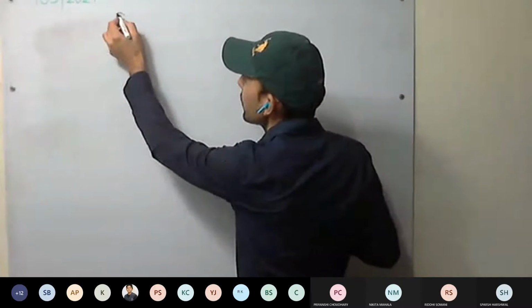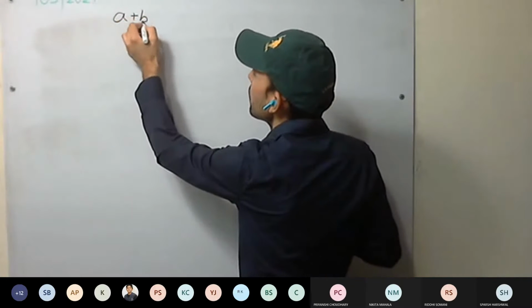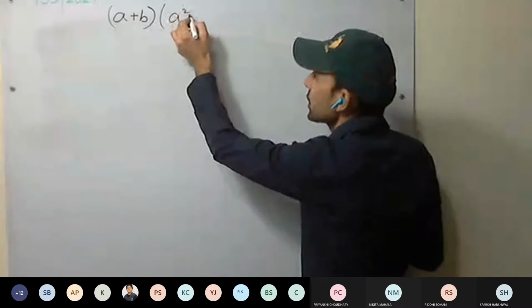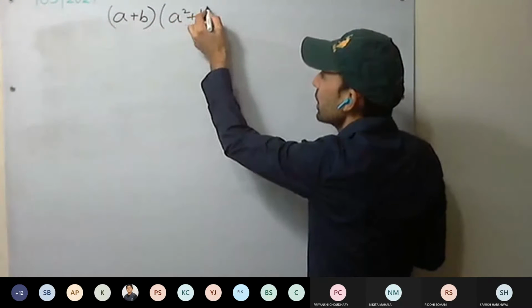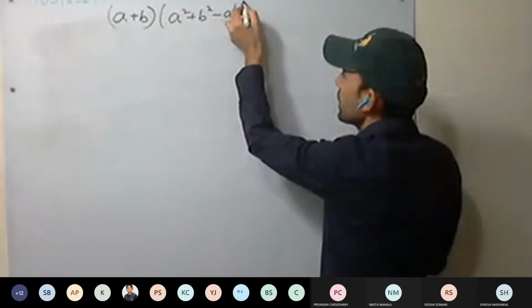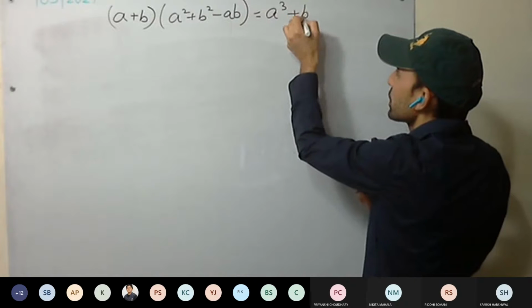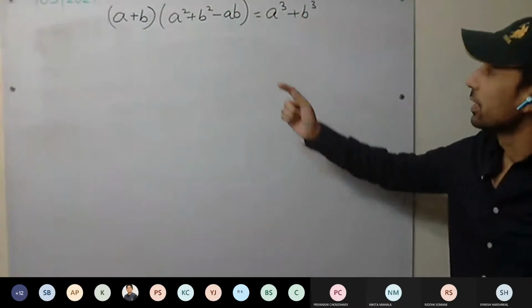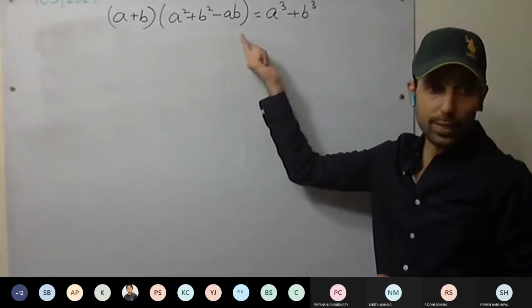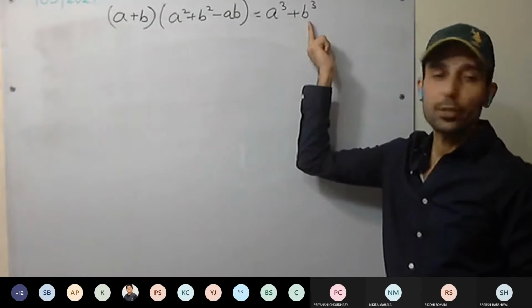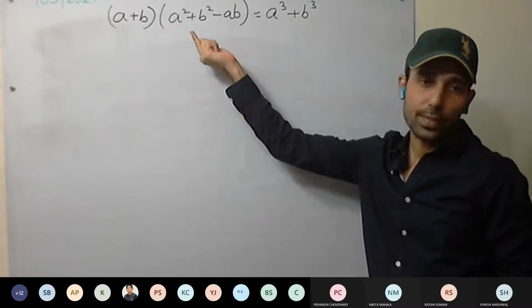See here, with two variables: (a plus b) into (a square plus b square minus ab) equal to a cube plus b cube. This we have learned with two variables, or in reverse we can use it.